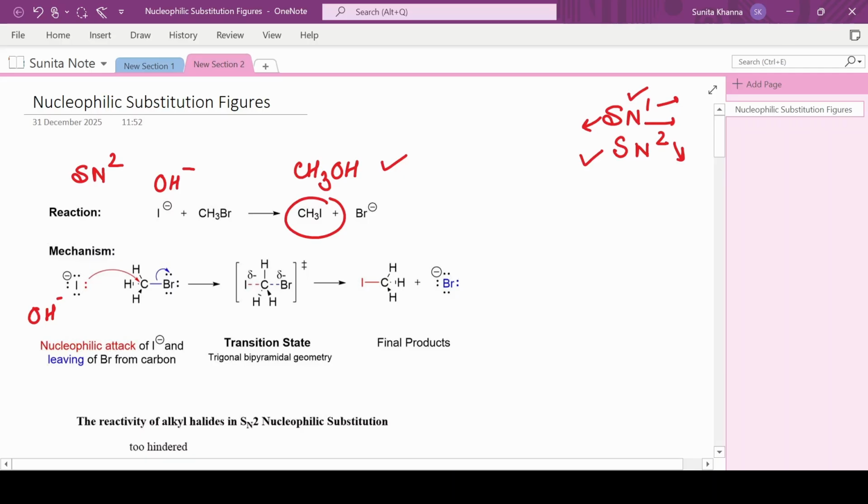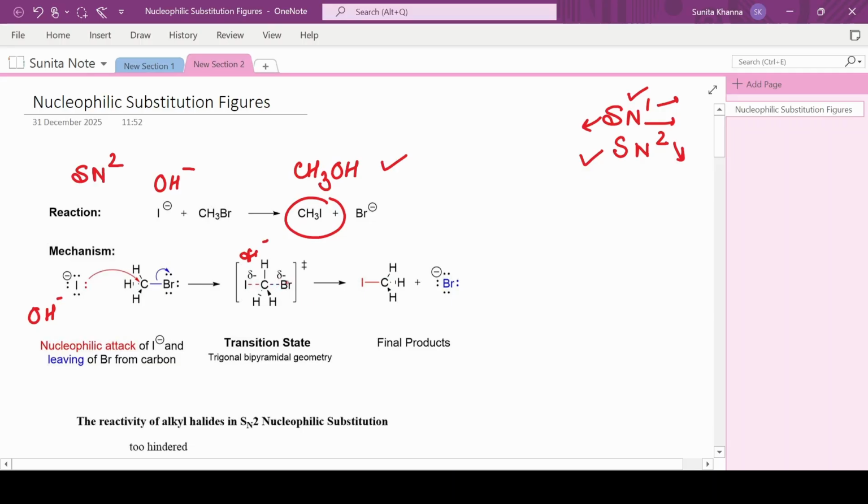It reaches the point where the carbon atom is attached to 5 other atoms: 3 hydrogens which were already there, 1 bromine, and another OH ion. We can see that bromine is leaving.